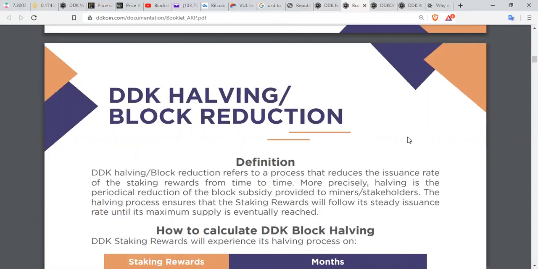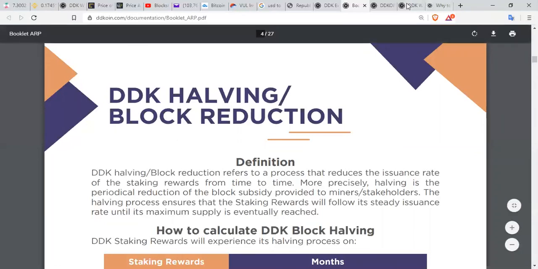So why is it that after 2 years and not after a year, the 10% has still not changed and we are still enjoying the 10% staking reward? We'll be glad to explain how it is computed, and we will help everyone understand what block generation is and what block reduction or DDK halving is.